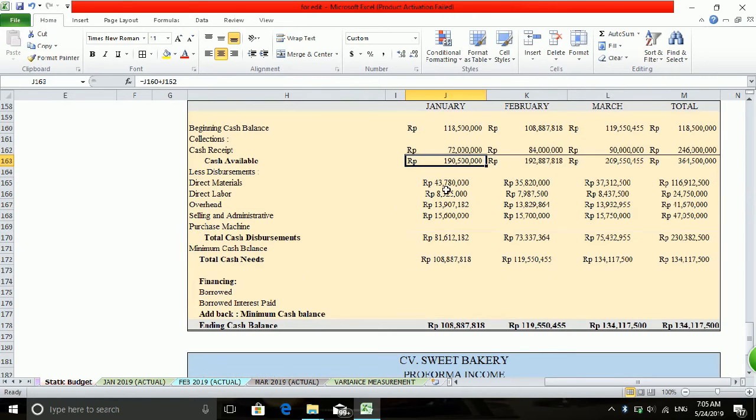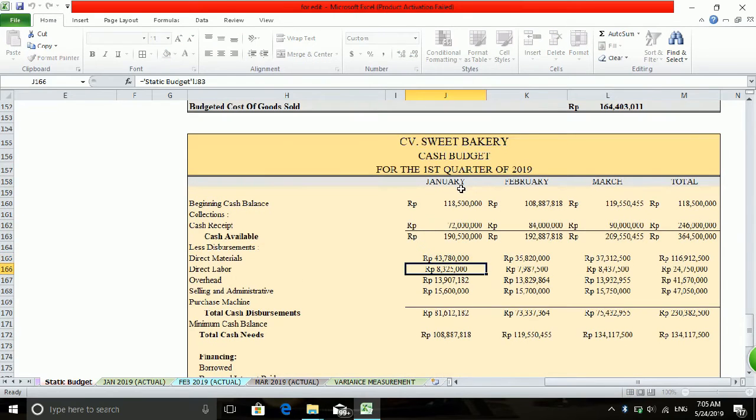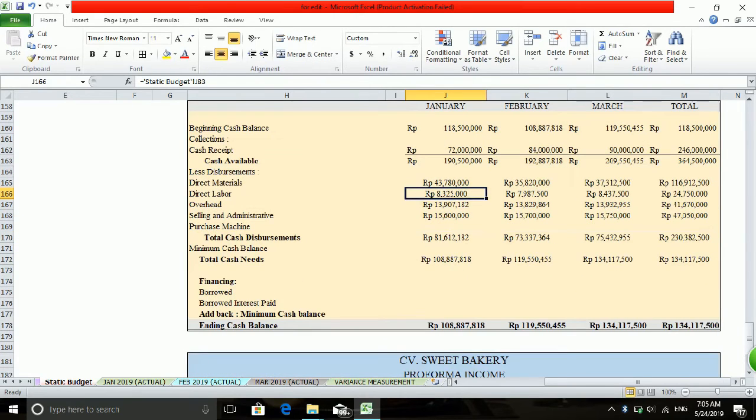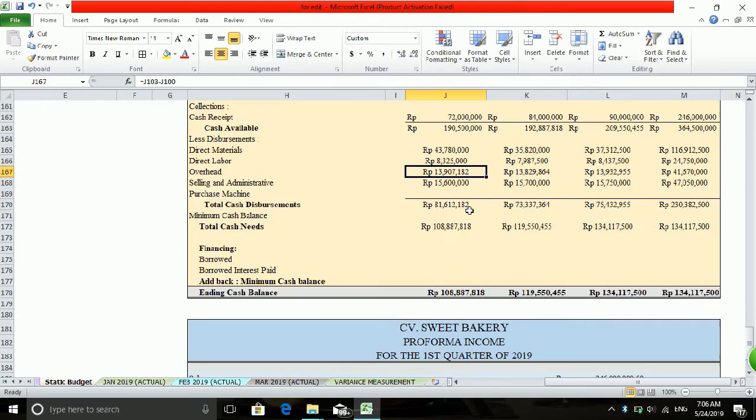Next, less disbursement. Input the direct material, direct labor, overhead, and selling and administrative; in overhead and selling and administrative, you have to add back the depreciation. Sum the disbursements and you'll get the total cash disbursement.